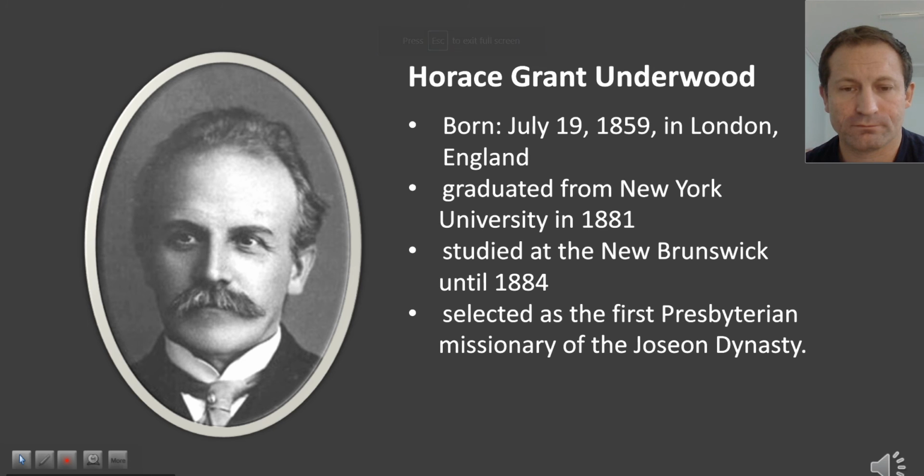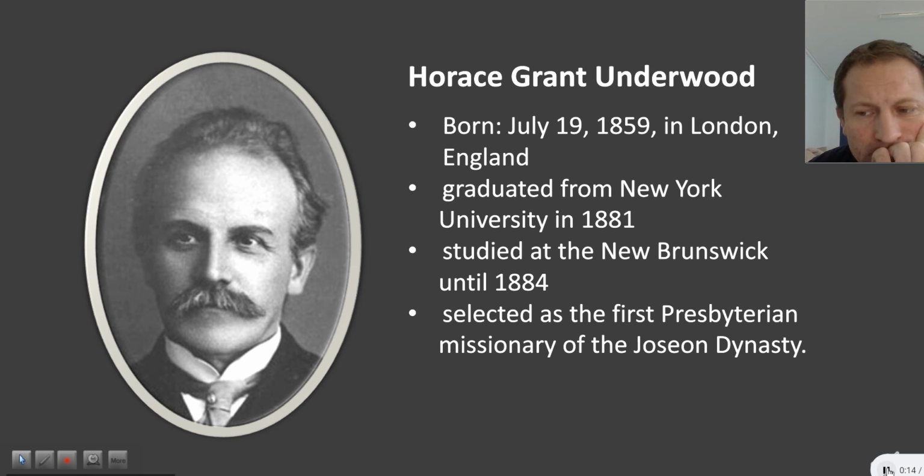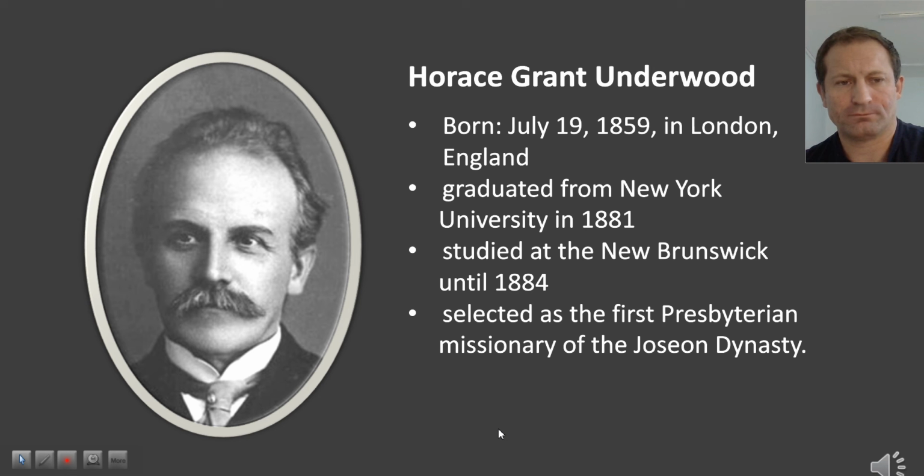Let's take a look at the story of Underwood. First, he was born on July 19, 1859 in London, England, and moved to the United States at the age of 13. He graduated from New York University in 1881 and studied at the New Brunswick until 1884.